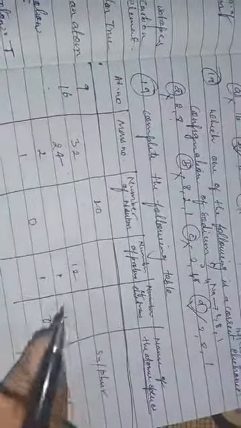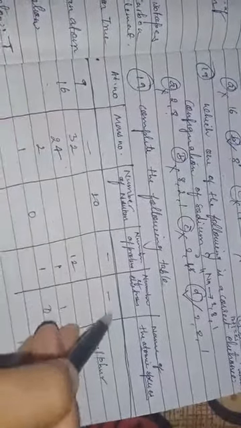Next is complete the following table. Okay, this is the last question in this chapter, the exercise question. So as you can see, atomic number, mass number, number of neutrons, number of protons, number of electrons, and name of the atomic species are given. Okay, so some columns are filled up and some are blank that we need to fill up now.